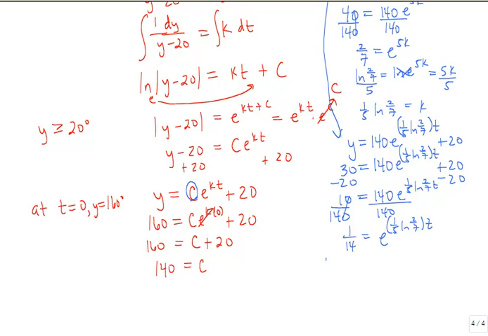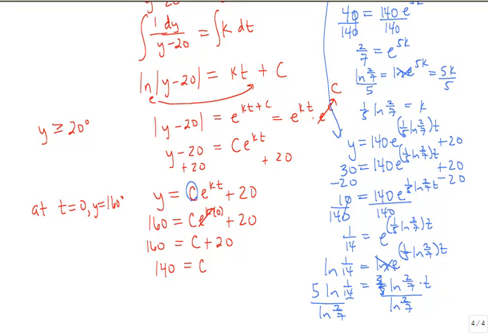And if I take the ln of both sides, then the ln and the e will cancel, giving me just 1/5 ln of 2/7 times t. So to finish solving for this, I'm going to get rid of the 1/5 by multiplying by 5, and I'm going to get rid of this ln of 2/7 by dividing. So there's my t.